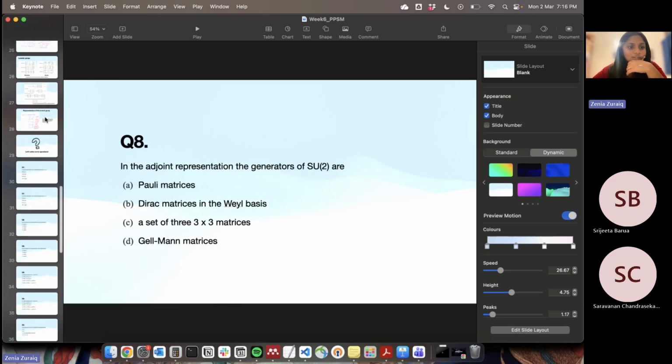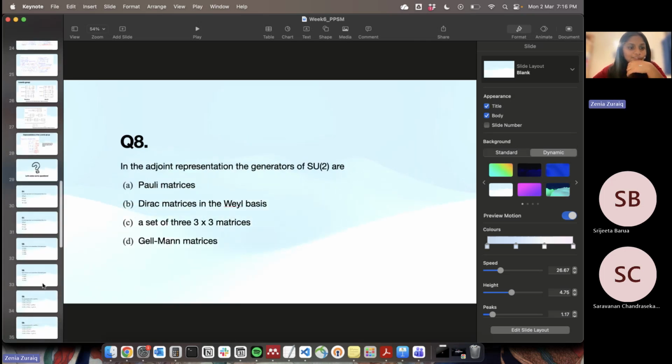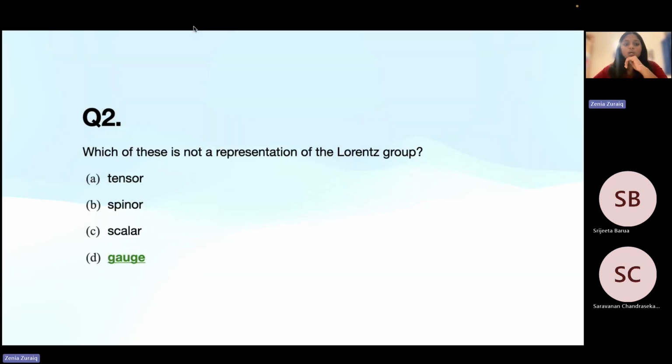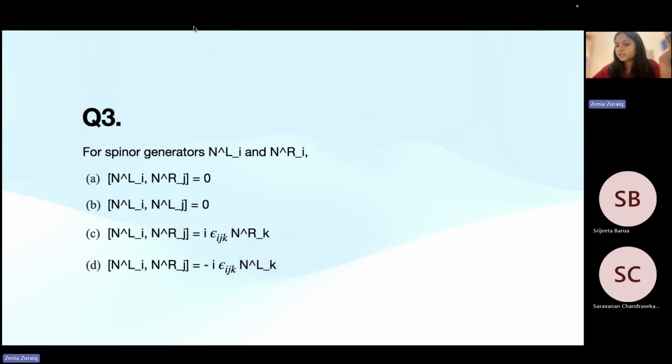Basically, the generators that we saw were in the fundamental representation of the Lorentz group, right? But as you saw, you can also map the Lorentz group onto other vector spaces to get other representations. So the representation in the spinor vector space is what is called the spinor generators.